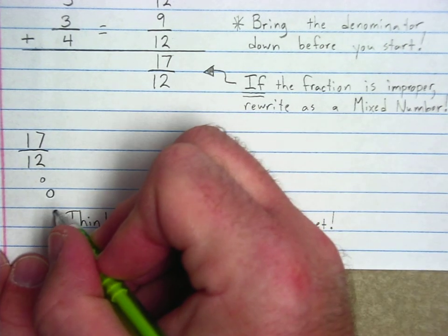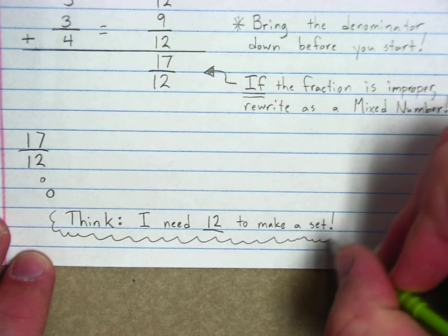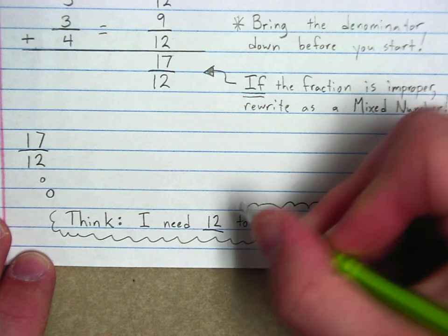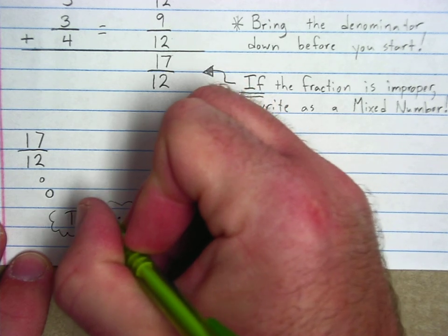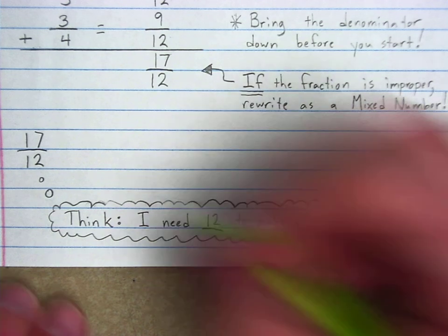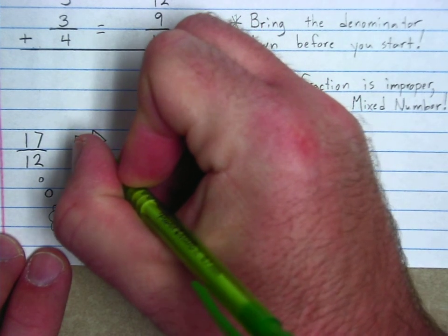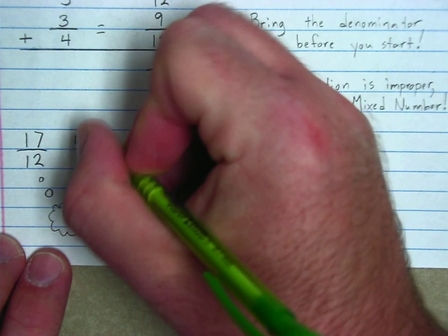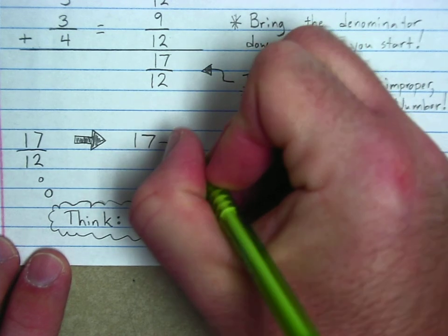Maybe I'm trying to combine my action figures together into groups of 12. Maybe I am trying to sell bags of 12 marbles. Whatever it is, every time I can put 12 together, that means I have a complete set. So, knowing that I need 12 to make my set, I look at my numerator and I think, okay, I've got 17 pieces. I only actually need 12 of them to make the set, so I am going to remove the 12 that make the set.